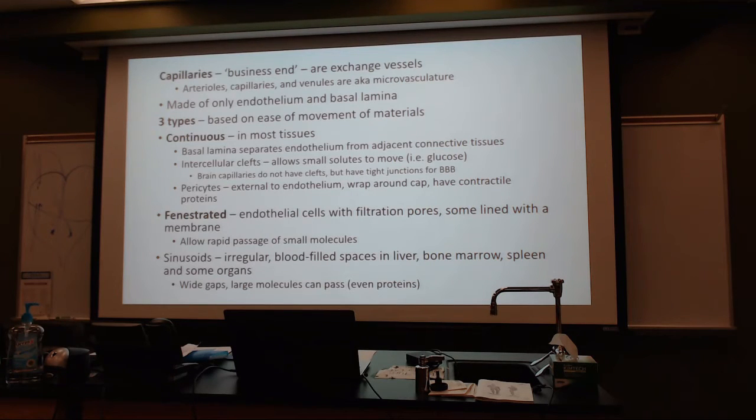So they move out at the capillary end into the fluid around the cell. Materials can then move into the cell. The cell can use them. The cell makes waste. Waste moves out into that extracellular fluid where it's picked up on the venous side to return to be gotten rid of by kidneys, liver, other places.